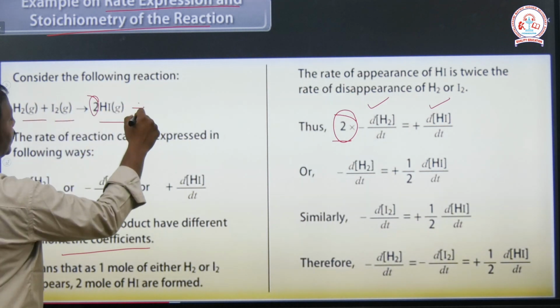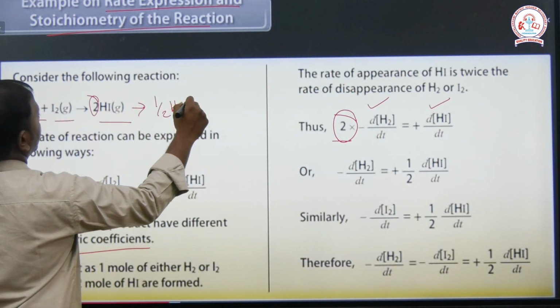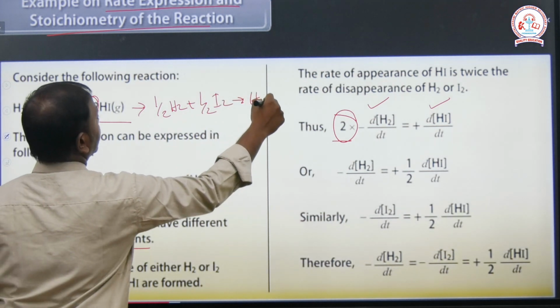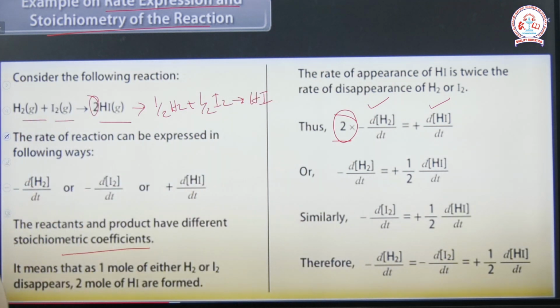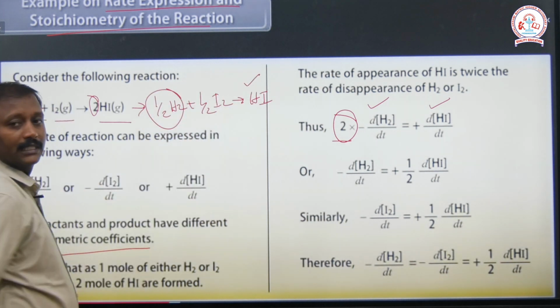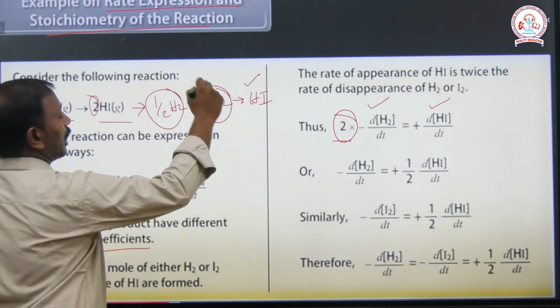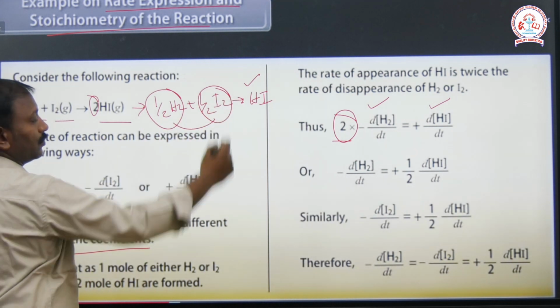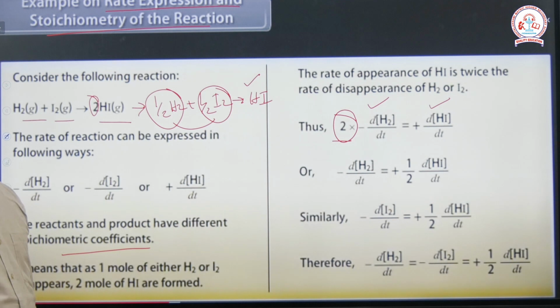We write half H2 plus half I2 giving HI. We are taking twice the value in reactants giving 1 mole of product like that.